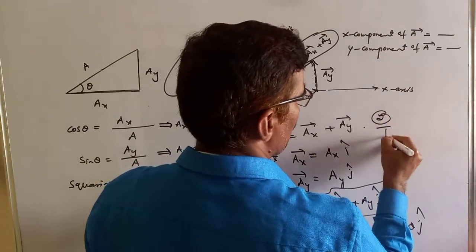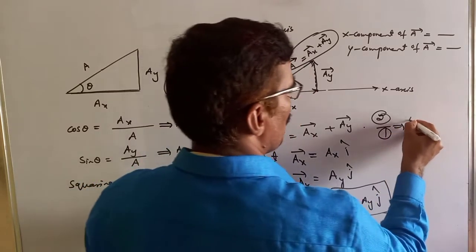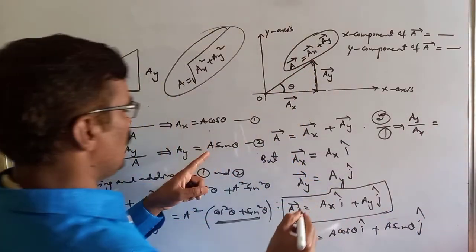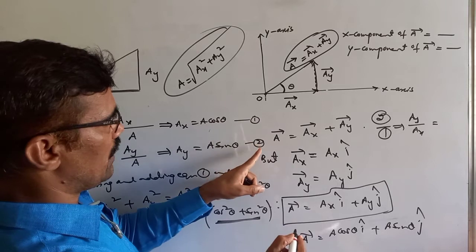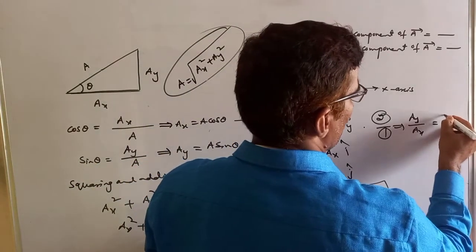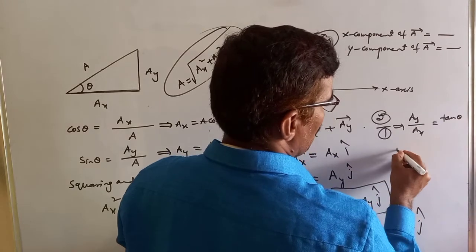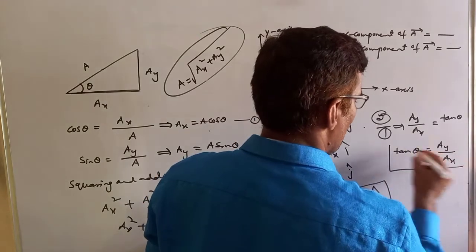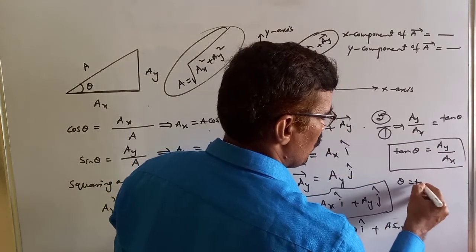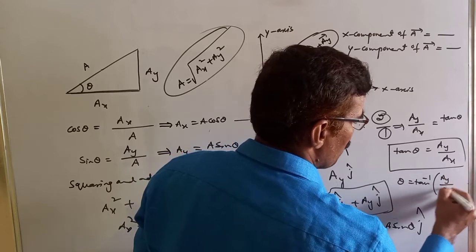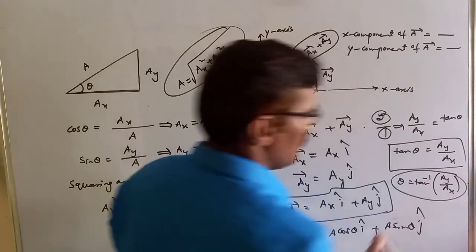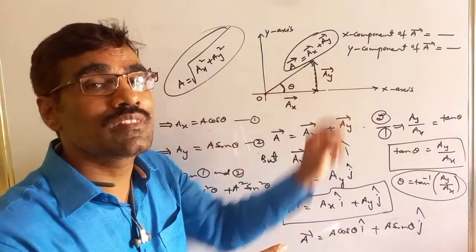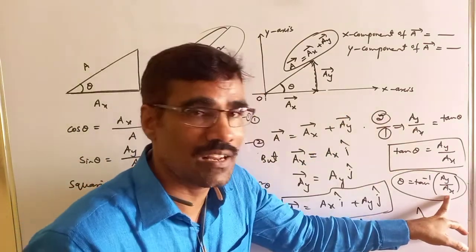Dividing equation 2 by equation 1, we get Ay by Ax on the left side, and on the right side A sin theta by A cos theta. That's why sin theta by cos theta is tan theta. So tan theta is equal to Ay by Ax, and theta is equal to tan inverse of Ay by Ax. This is the angle made by the resultant vector with the x-axis.